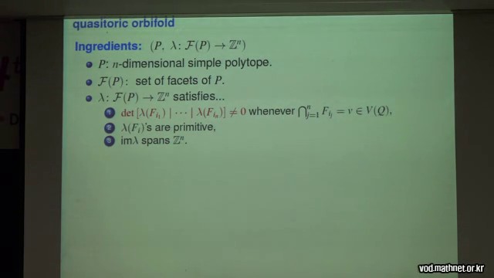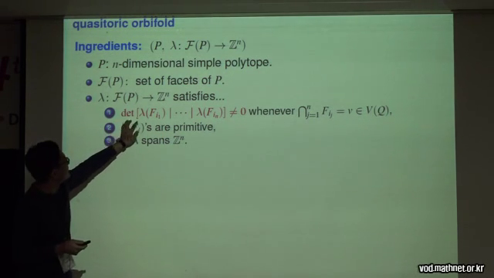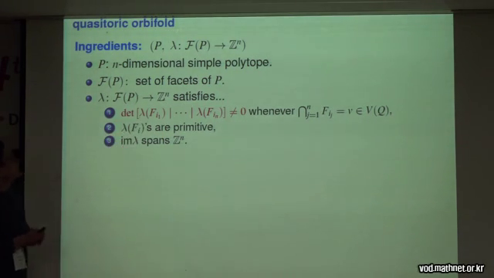This is our ingredient to construct toric orbifold, and probably Sunjung in yesterday's talk gave exactly the same ingredient to produce quasi-toric manifold. But the only difference is this one, the determinant at each vertex.